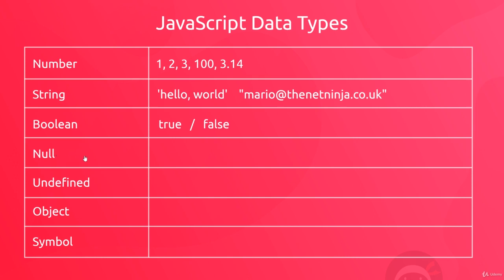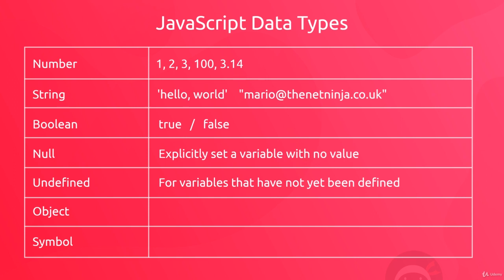Now this next one, null over here, this is a way that we can explicitly say that a variable has no value. So we could create a variable, but set it equal to null to say that that variable doesn't have a real value yet. Okay, now it's closely related to undefined here, but the difference is undefined is a type that's given to variables automatically by the browser that have not yet been defined.